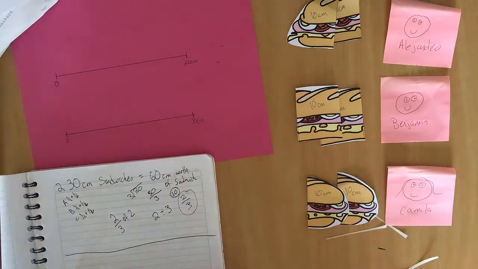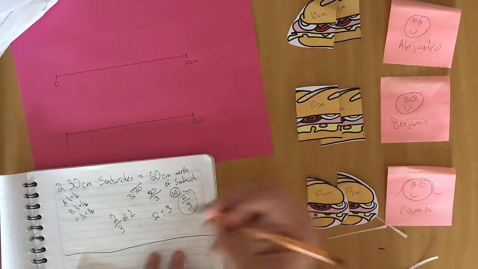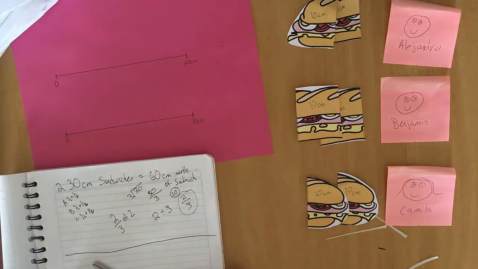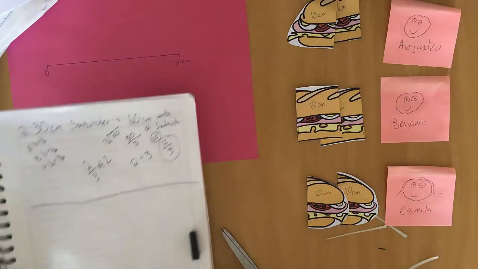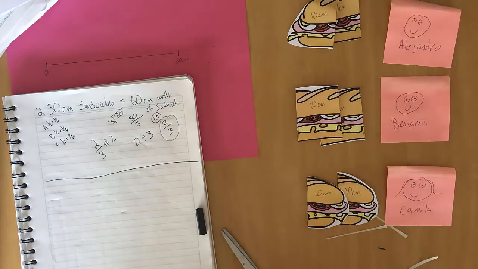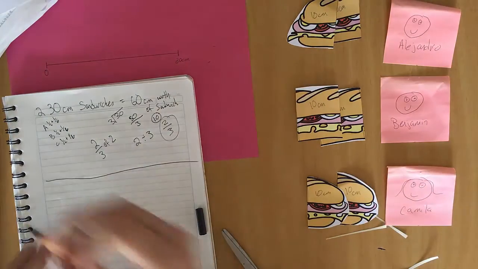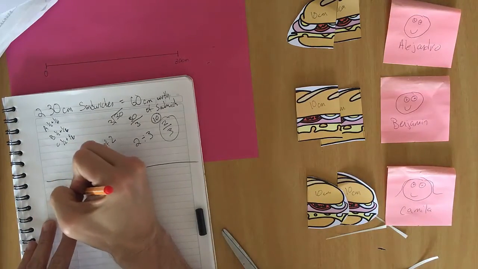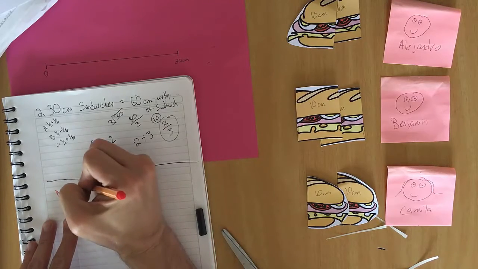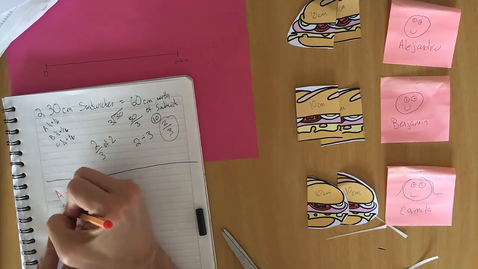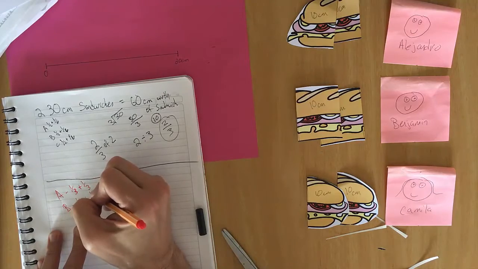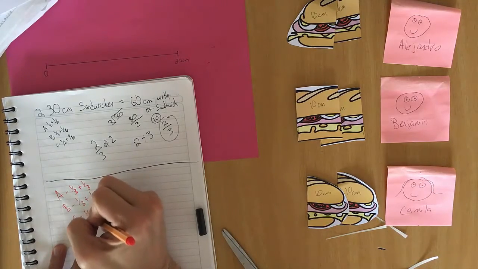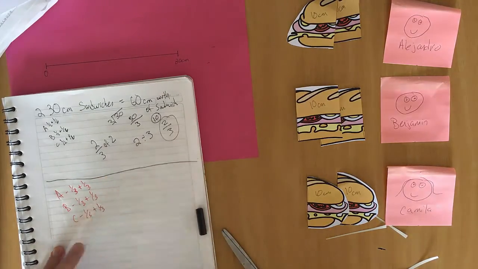Now let's backtrack a little bit. On the second one, we're saying that Alejandro got a third and a third. Benjamin got a third and a third. Camila got a third and a third.